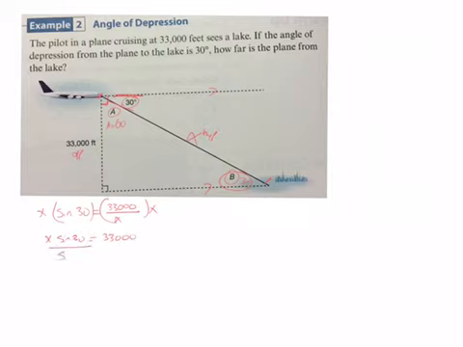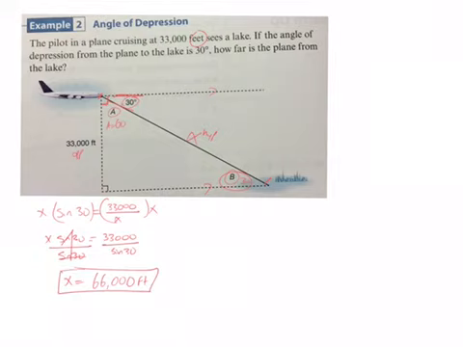And divide by sine of 30. This part just becomes 1, so I get x is equal to 33,000 divided by sine of 30, which comes to be 66,000. And since this is in feet, we would say feet.